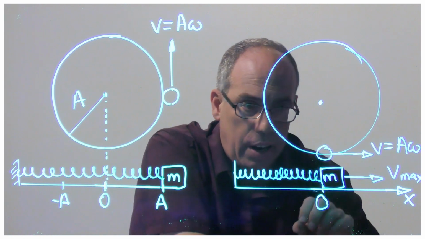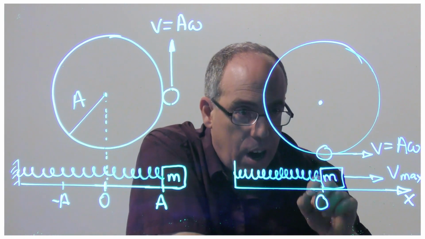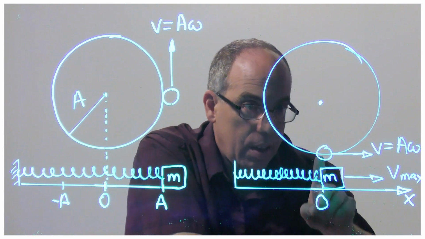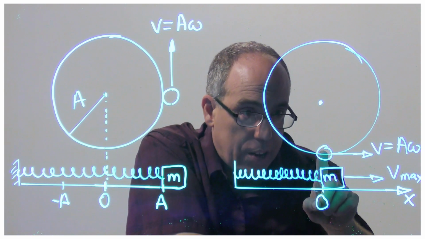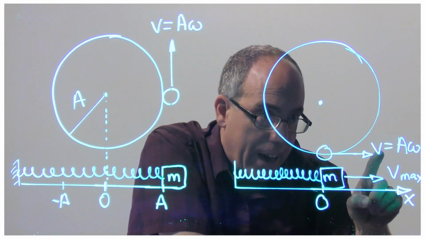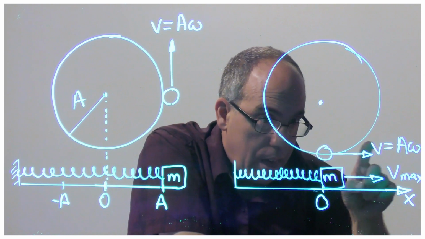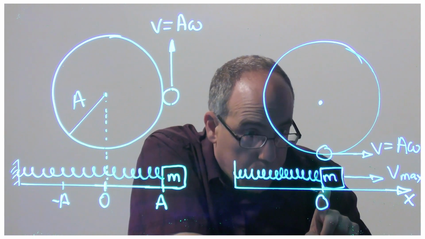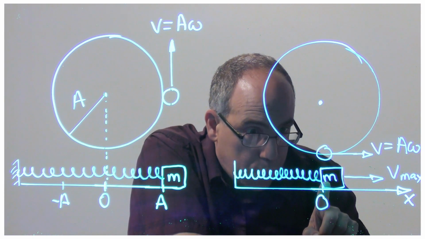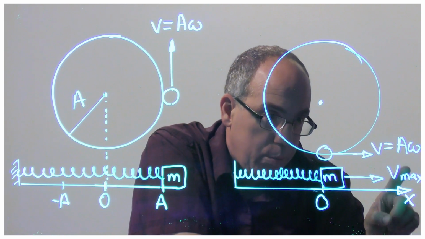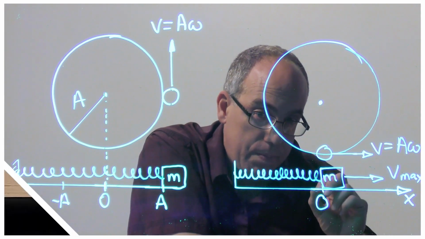So in this figure here, I have concentrated on one of those moments where the velocities match. The mass going around the circle always has a speed of a omega, and at this moment, the mass on the spring has its maximum velocity, which we reviewed earlier in the video.